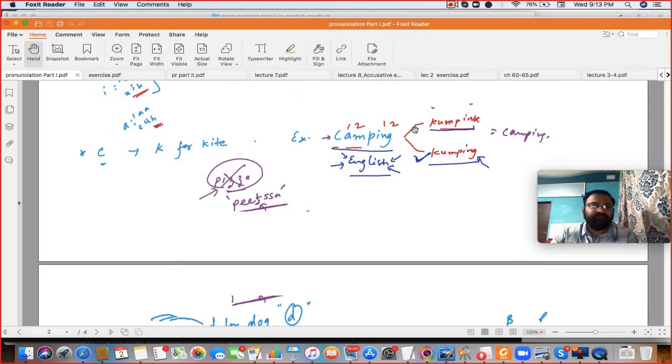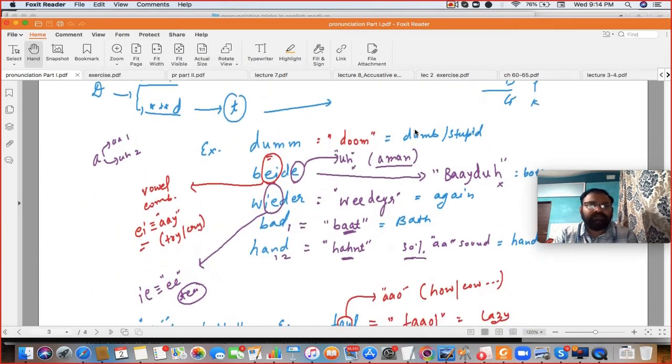Next, C. Camping. Next is D. Speak the example. Dome, Vader, Weeder, Bat, Hand. Doom, Vidder, Bart, and Hunt.